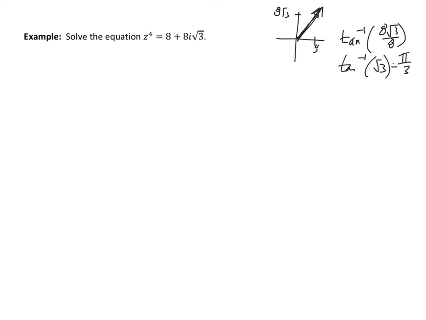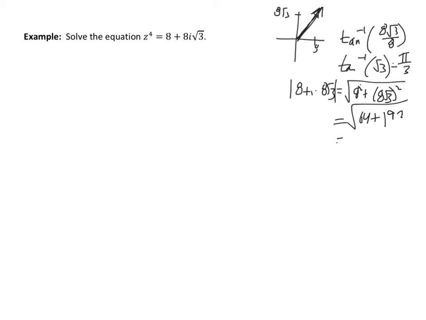The other thing we need is the modulus. For 8 plus i 8 root 3, the modulus would be the square root of 8 squared plus 8 root 3 squared. That's 64 plus 64 times 3, which is 192 plus 64, so 256.